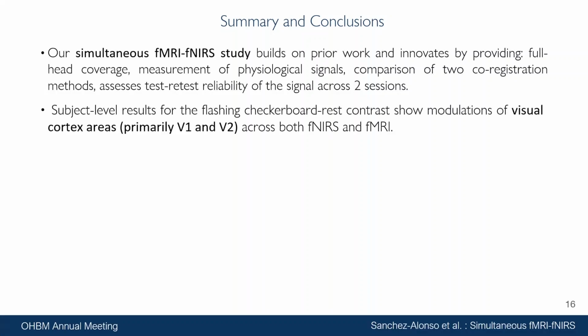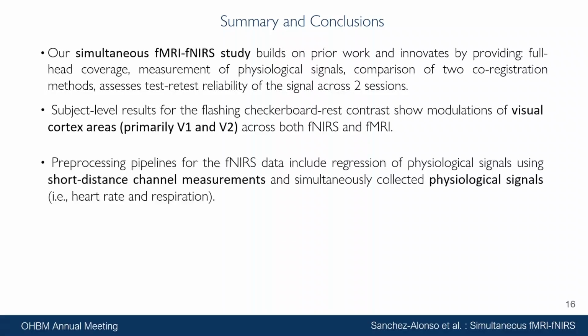As I've shown, subject-level results show modulations of visual cortex areas across both fMRI and NIRS. Our pre-processing pipelines include, crucially, regression of the physiological signal using short distance channel measurements and also simultaneously collected physiological signals.